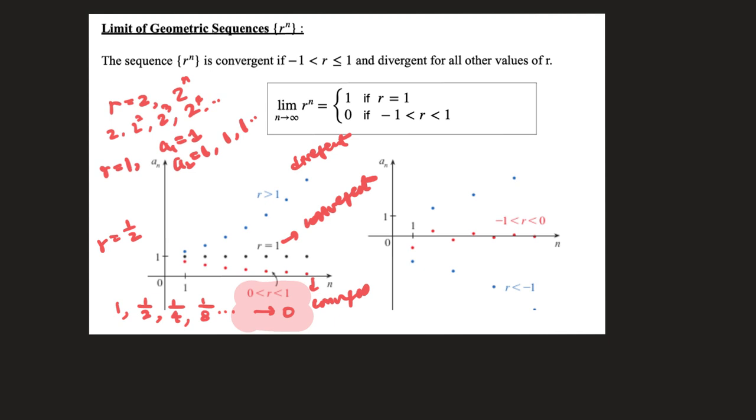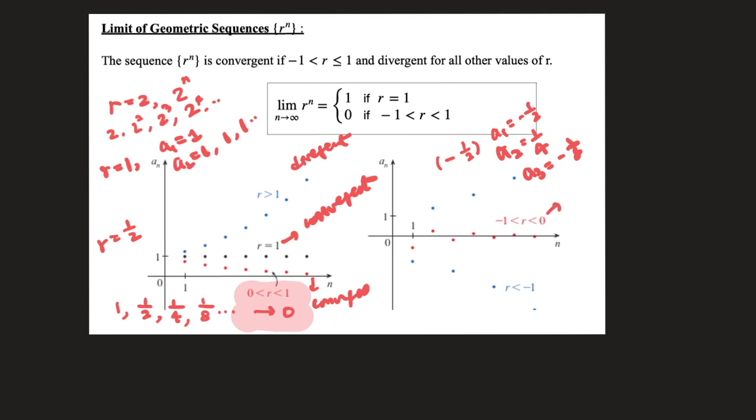Let's go into the negative part. Negative meaning R is between negative 1 and 0. I'm going to give the ratio as negative 1/2. So the first term A1 is negative 1/2, A2 is negative 1/2 times negative 1/2, which is 1/4, alternating sign, right? A3 is negative 1 over 8. It's alternating, but they get close to 0.